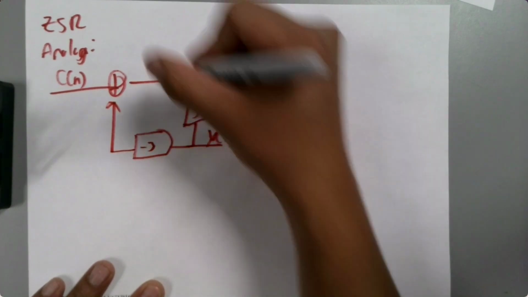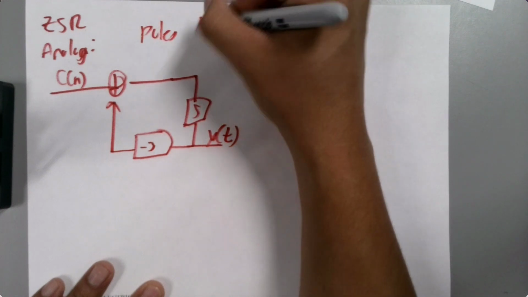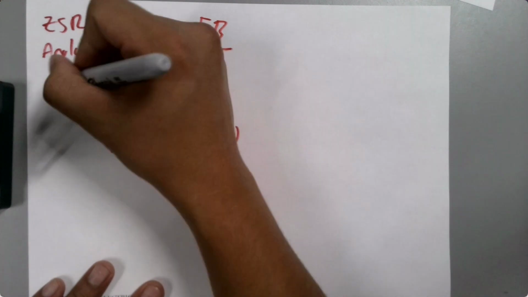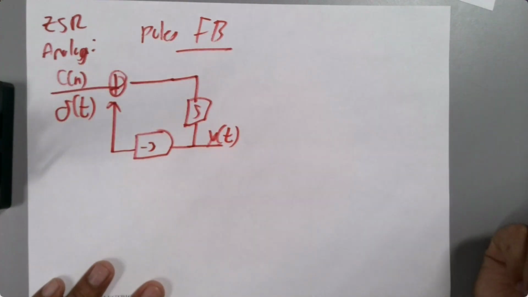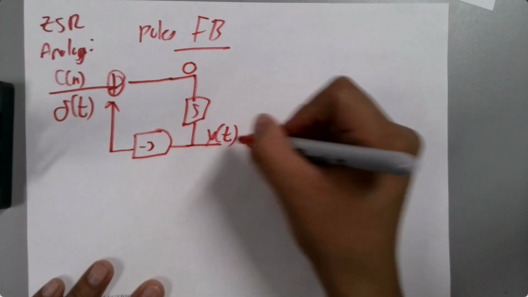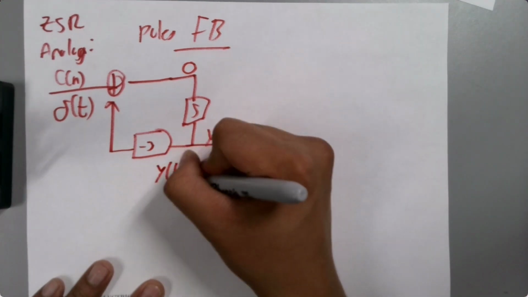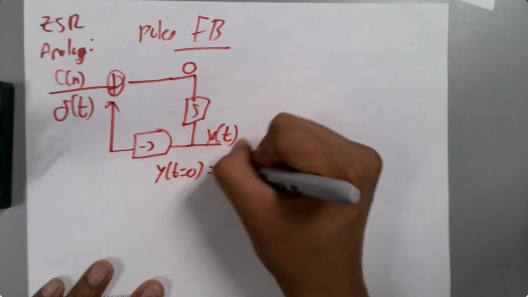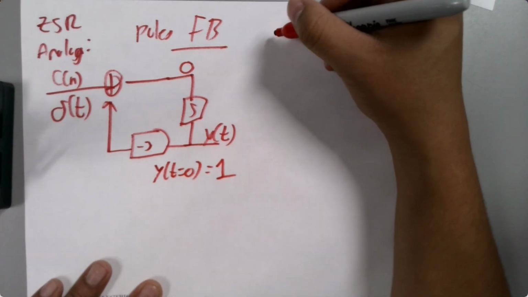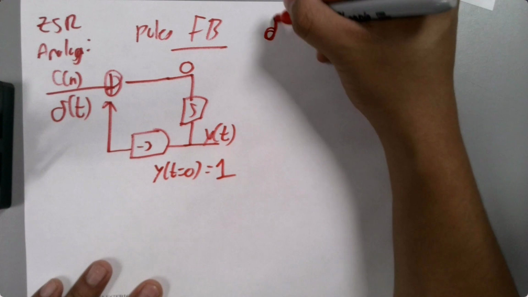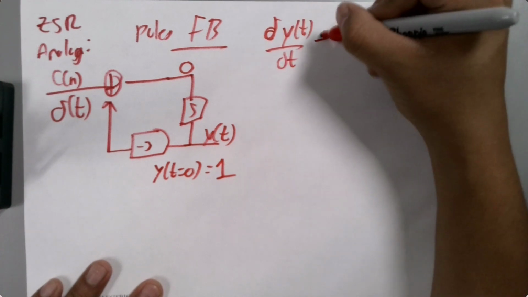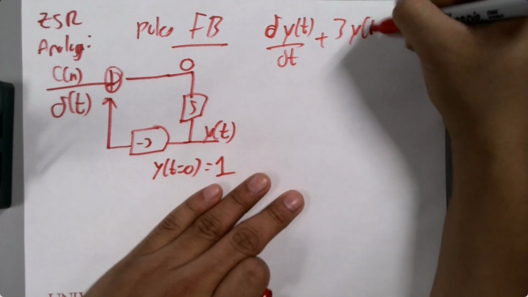This is our poles, or feedback circuit, okay? You're an engineering company, what do you do? Kick your box. What's this? 0. What's this? And that's what you're going to mess with. So looking back at our function, dy(t)/dt plus 3y(t) is equal to 0.